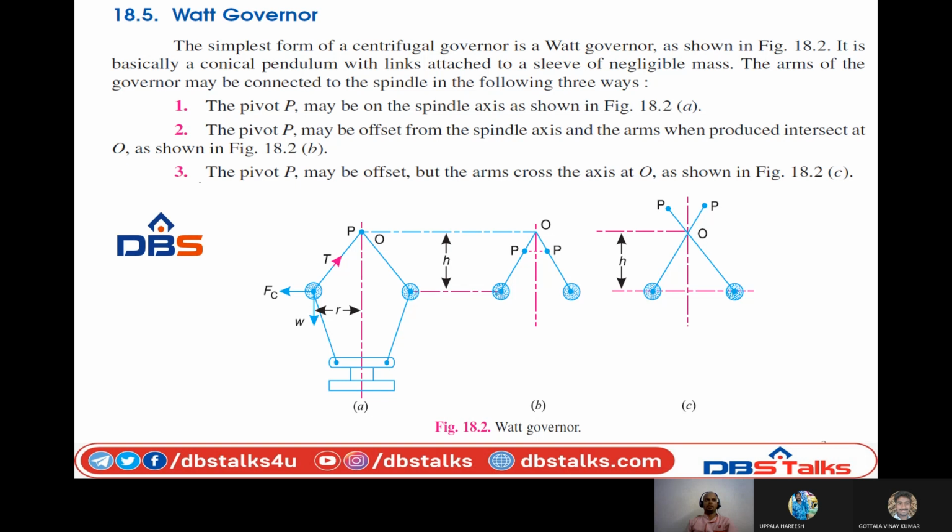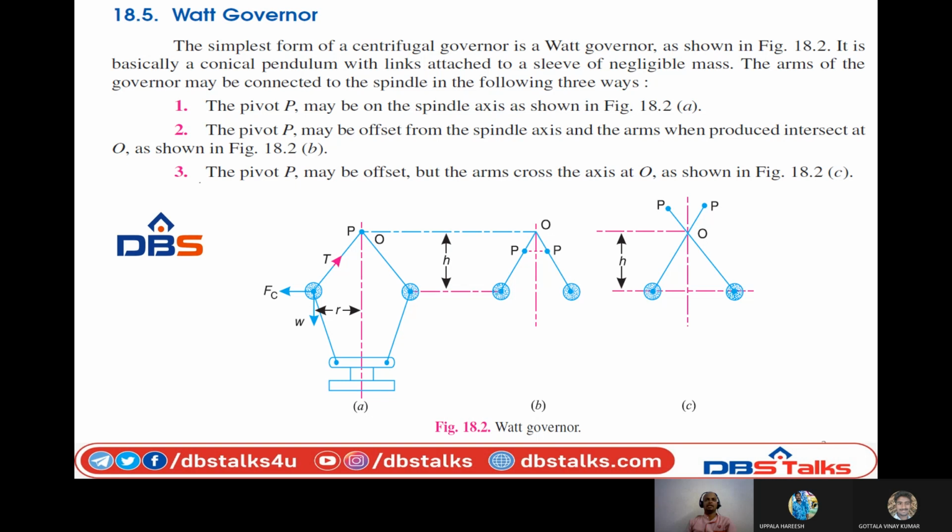One is that the point P is pivoted on the spindle axis, as shown in figure A. The second, in diagram B, is that the pivot may be offset from the spindle, so the point P is away from the spindle.